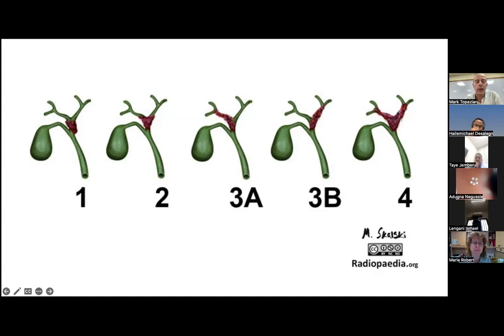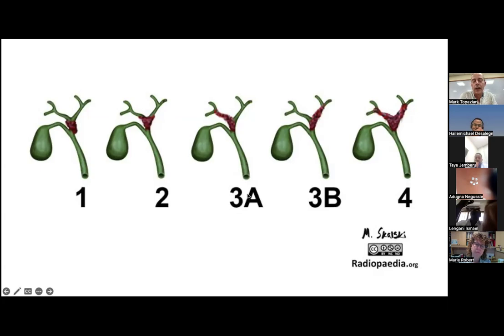In Bismuth 2, the right and left ducts have been separated from each other by the tumor. So to get the jaundice to resolve, you have to drain at least half of a normal liver. You would have to put a stent either to the left and the right, or just to the right. This is more challenging for the surgeon to resect, at least to do an R0 resection.